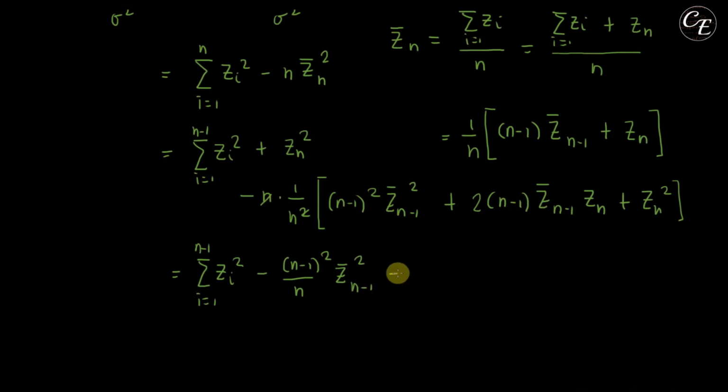So we have minus 2 times n minus 1 over n z bar n minus 1 times z sub n, and then plus this one minus 1 over n times this one. So we have 1 minus 1 over n z sub n squared.